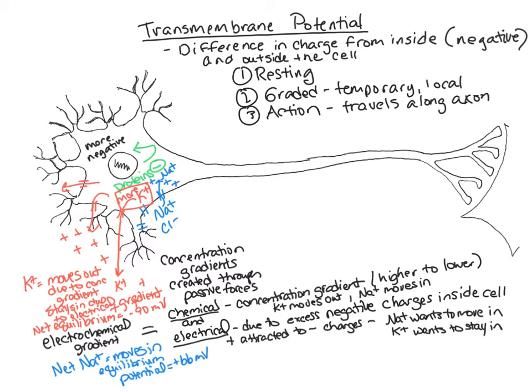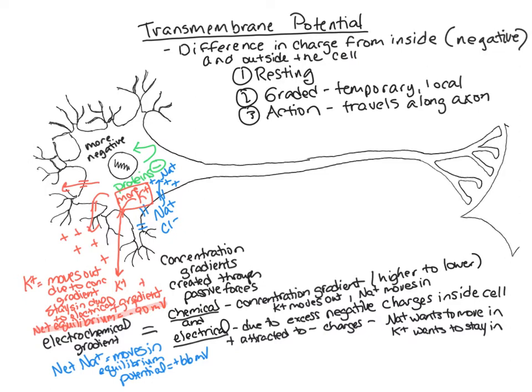So that means even though potassium is being held inside the cell because it's attracted to the negative charges and because it's repelled by the positive charges outside the cell, there's enough of a concentration gradient between potassium inside and outside the cell, and there are more leak channels in the cell membrane. Potassium will leak out at a fast enough rate, and if it were freely permeable to potassium, then the equilibrium potential would be reached at negative 90 millivolts.